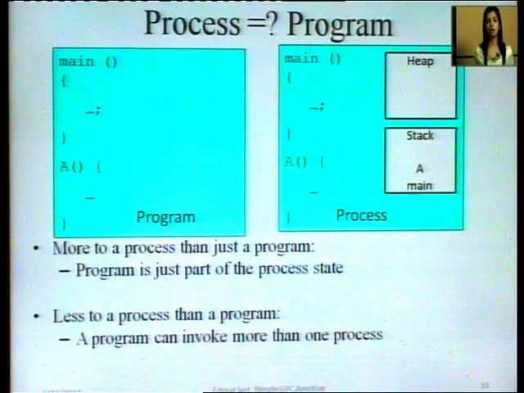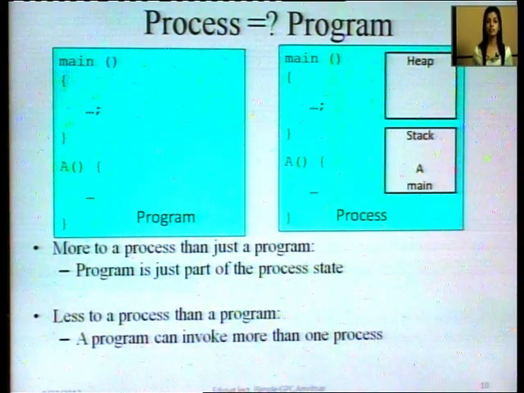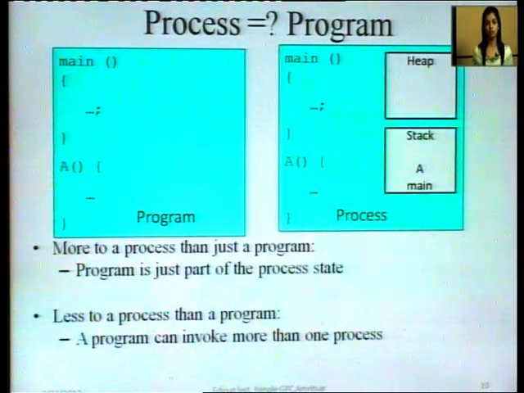A single program has a number of processes. One process stores data, another process stores data in a stack and main memory, retrieving and deleting data. So a single program may invoke a number of processes.